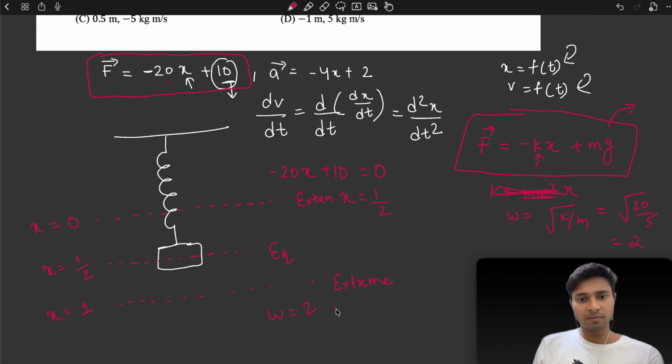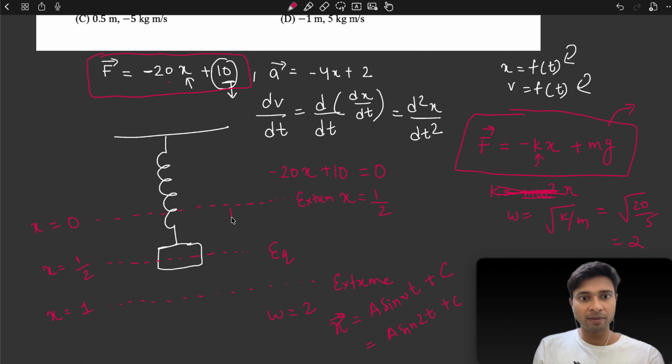For this SHM, if I write a general SHM, how does it look? x equals a sine omega t plus some constant. Omega is known to me, so a sine 2t plus c. Also we can figure out the value of a.